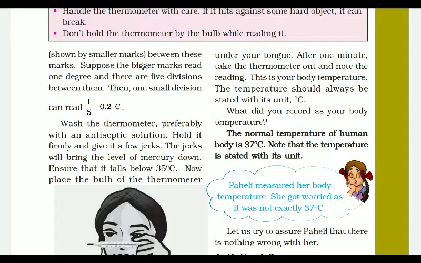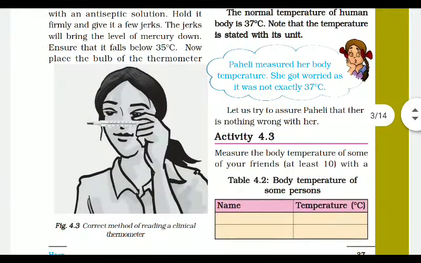This is your body temperature. The temperature should always be stated with the unit, degrees Celsius. The normal temperature of a human body is 37 degrees Celsius.